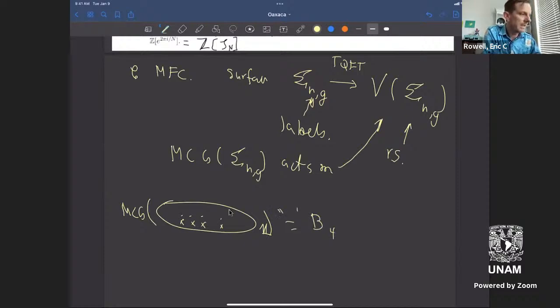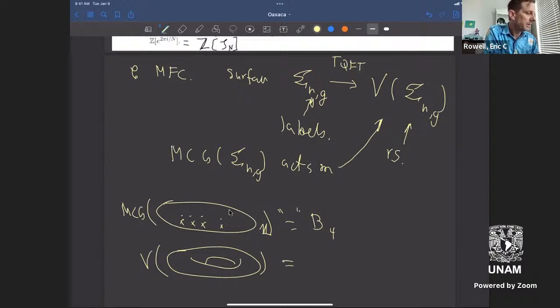Or, it's not exactly, but something like that. Okay. And so the braid group shows up as a mapping class group action on the Hilbert space that comes from the TQFT. And then it turns out that if you take the torus, okay, then the vector space associated with this will have dimension exactly R, the rank.